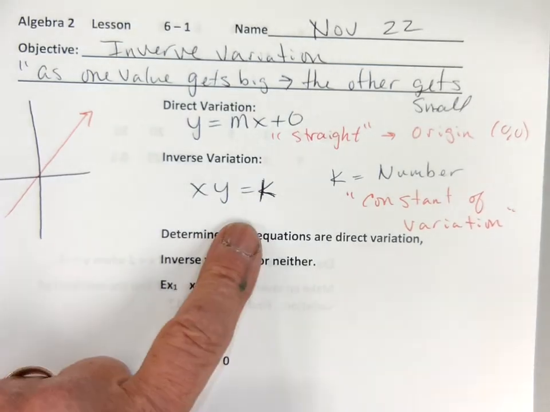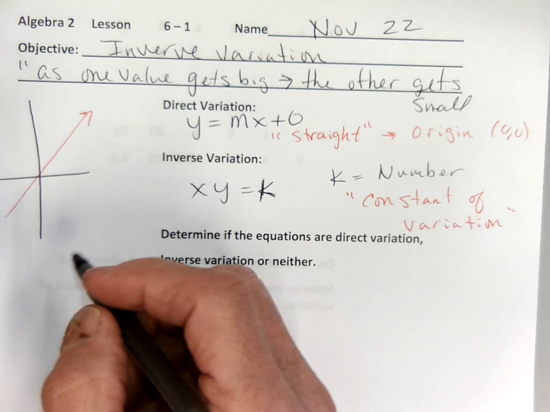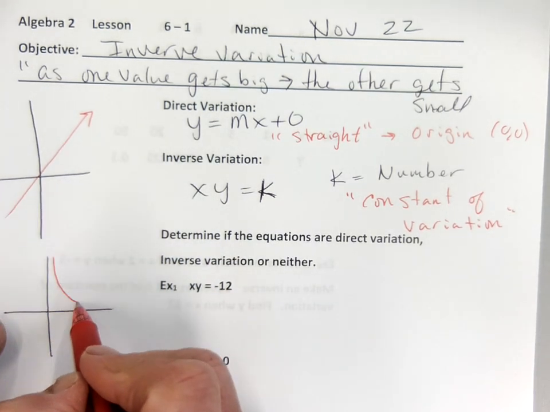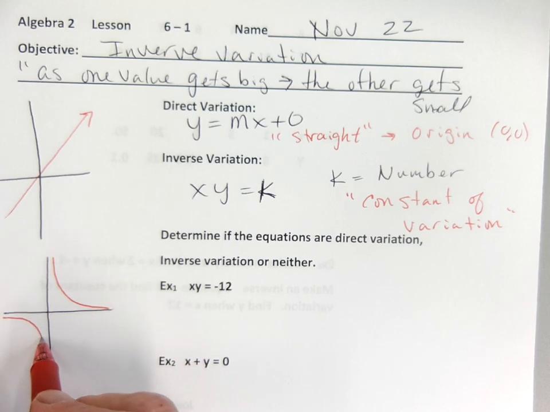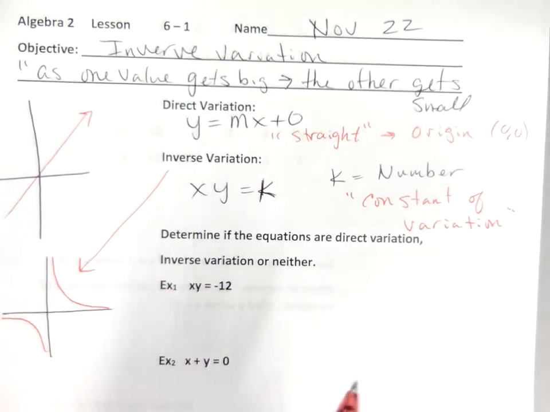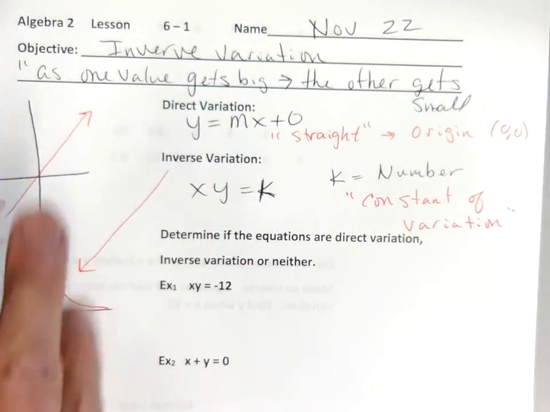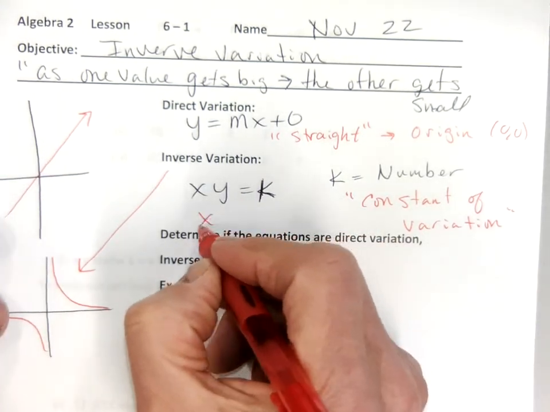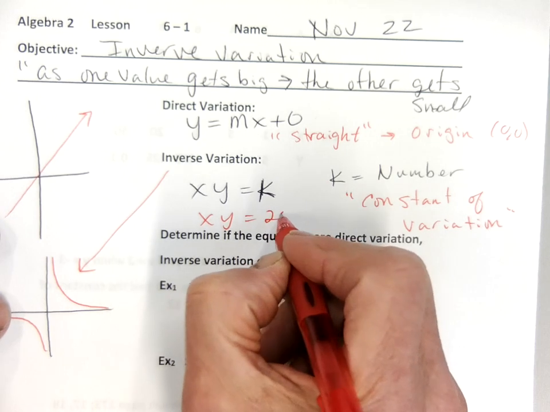So x times y, and those graphs we saw look like this. Right? That's an inverse variation graph, okay? We had, as an example, x times y equals 24. That was our example, okay?